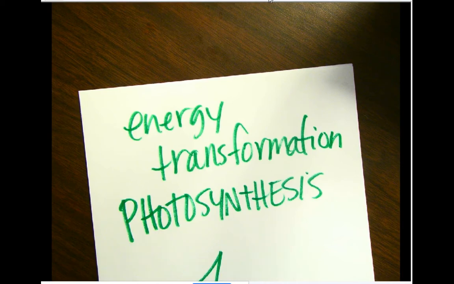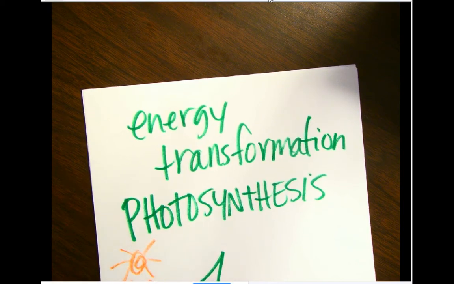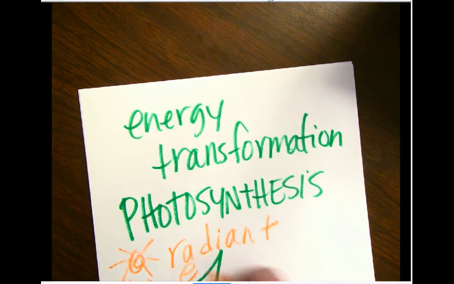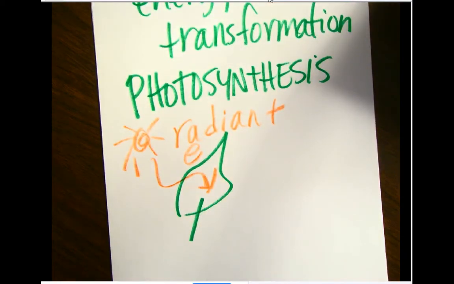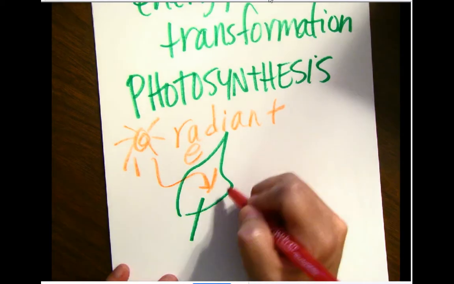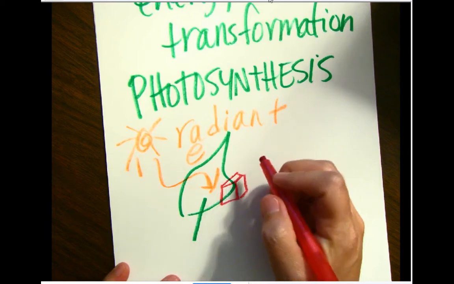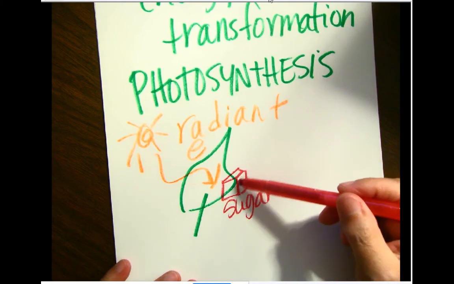it happens in the leaf, but it starts out as radiant energy from the sun. Radiant energy. And during this process, it gets transformed into chemical energy in the form of a sugar. I'm going to draw a little sugar cube. The energy gets stored in here.